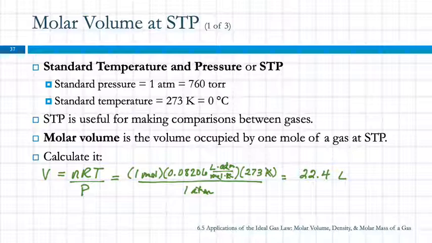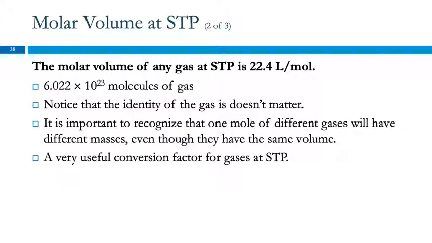A mole of any gas will have the same volume, which is a bit to get your mind around. So the molar volume of any gas at STP is 22.4 liters per mole. That sounds like a nice conversion factor.